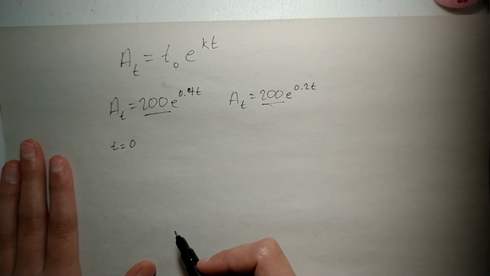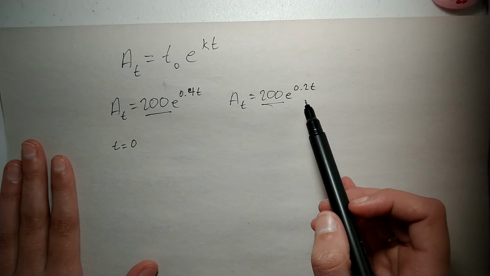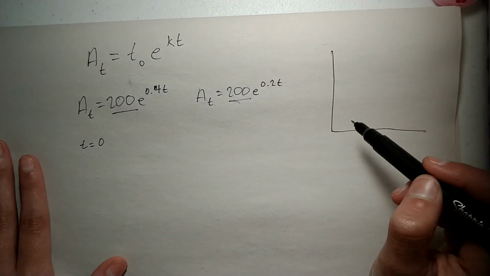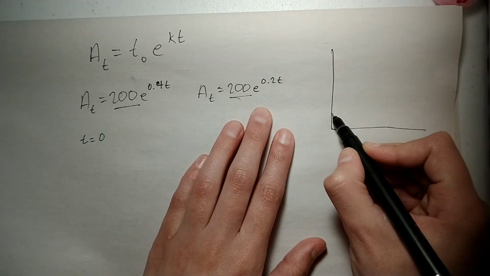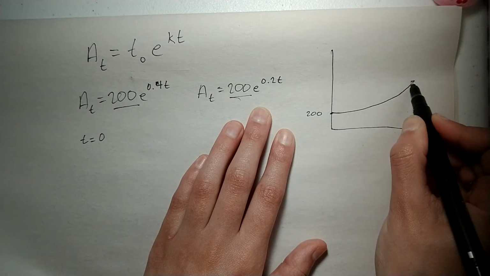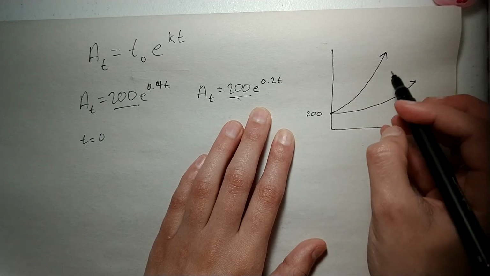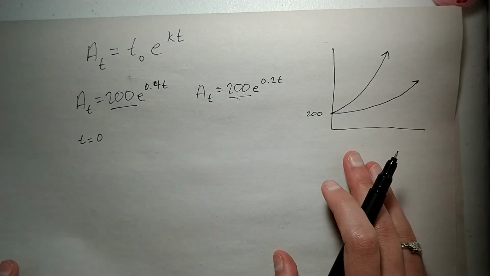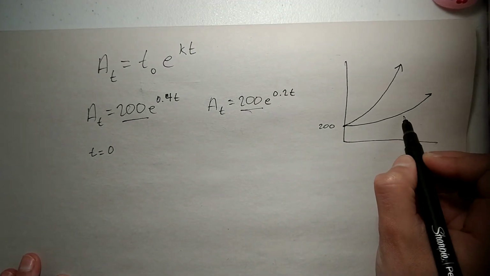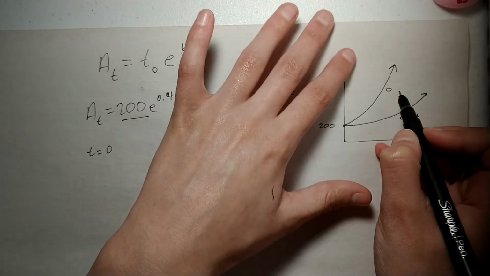All right? And this equation is going to curve up faster than this one, so it's going to look a little bit like this. We'll say this is 200, and it's going to go up like this versus like this. It's definitely not to scale, so just an example of how this one is the 0.2 rate of growth, and this is the 0.4 rate of growth.